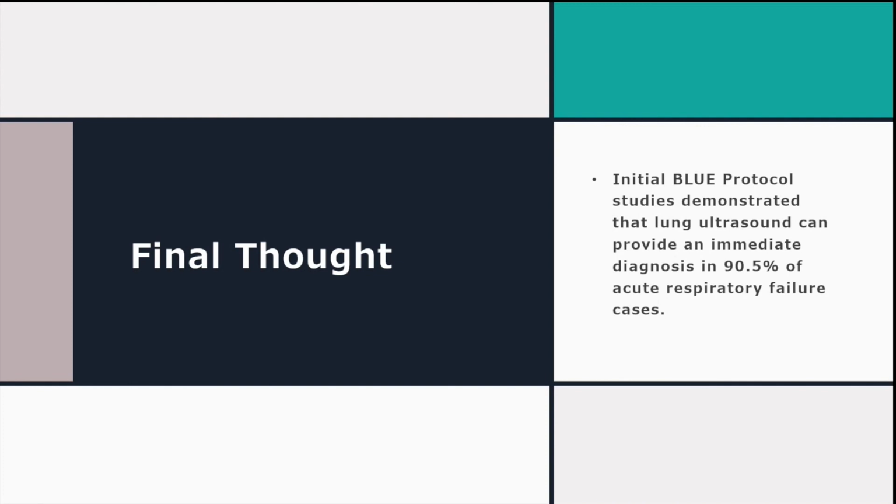Even with that, just the chief complaint of acute respiratory failure, dyspnea, etc., they were about 90% accurate in the diagnosis of one of these 6 causes that they were looking for. So pretty powerful if you think about it.